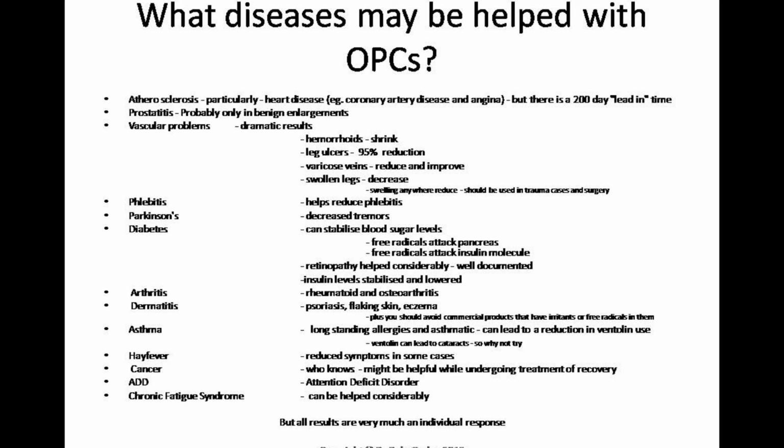It's amazing how asthma can be influenced by OPCs. Many people on long-standing Ventolin inhalers can reduce the amount of Ventolin they need, which is very useful because Ventolin can actually lead to cataracts forming. And so my advice would be, why not try OPCs and see if you can get a reduction in your asthma symptoms.